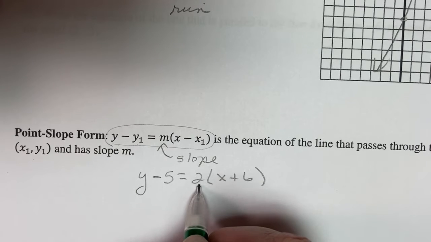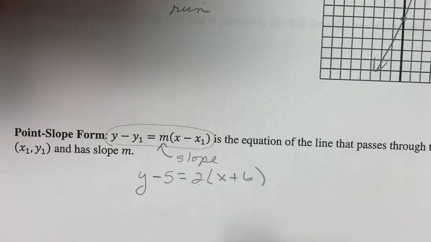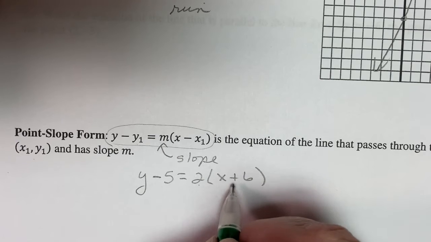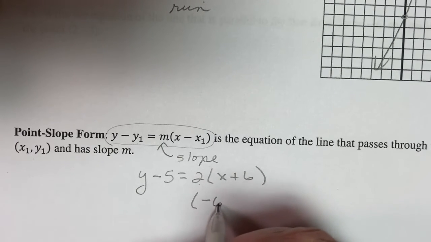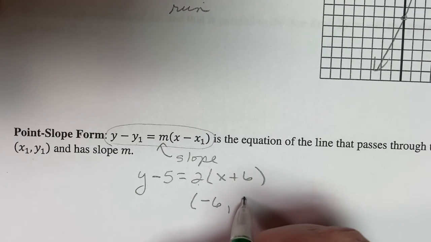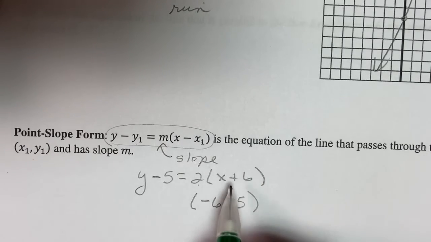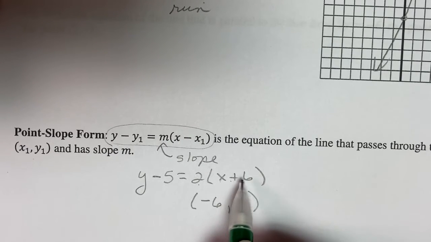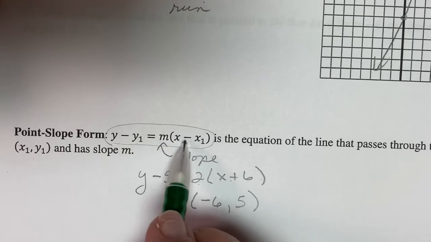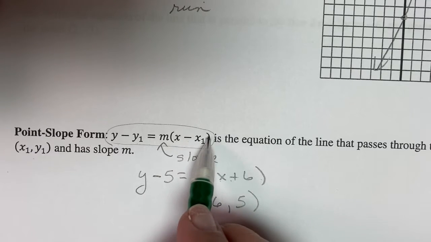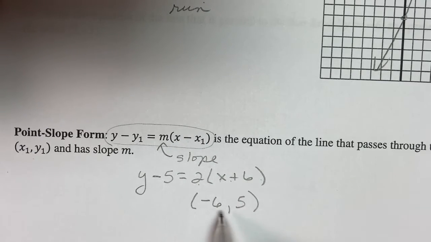Now, a point that lies on this line is going to be -6, 5. This is really x minus -6. Since the form is x minus, you always take the opposite of that. That's why this is a -6 and this is a +5.